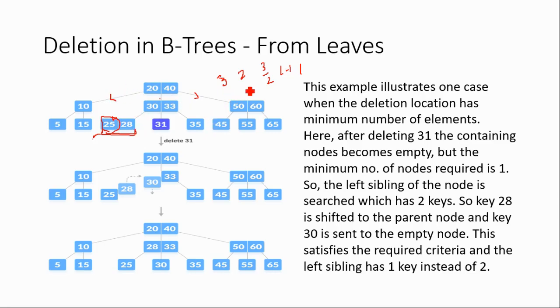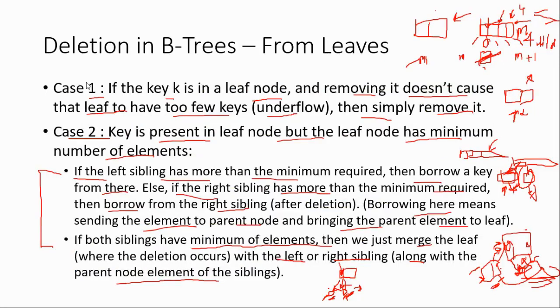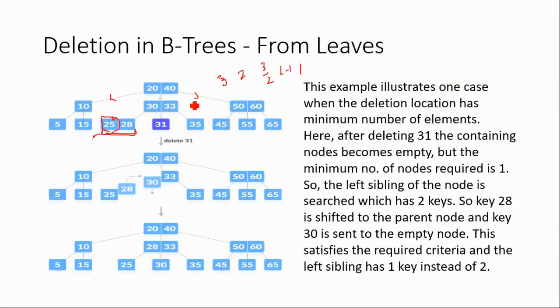This case discusses the second case, when the key is present in a leaf, but the leaf node has the minimum number of elements. After deleting the element, that leaf gets underflow because it has less than the minimum number of elements required.